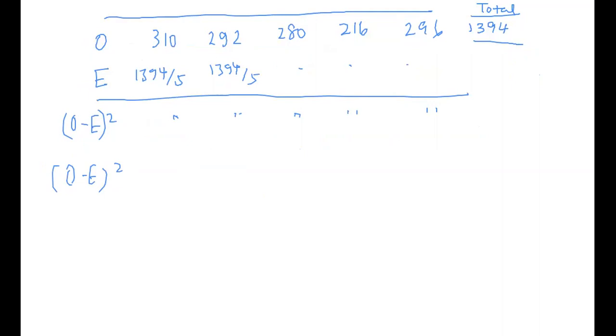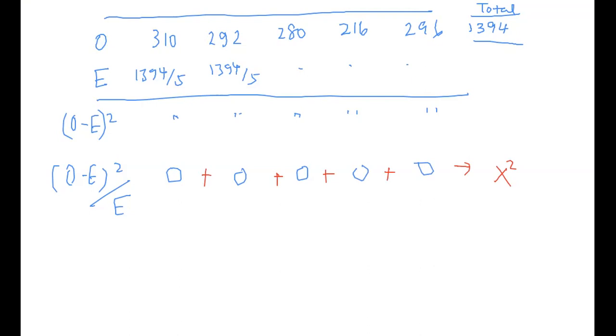So after you calculate this, you divide by the expectation, and you get a bunch of numbers here. And then after that, you add up all of them, and this will be your chi-square test statistic, all right? And then you can go and check the chi-square table with the appropriate degrees of freedom.